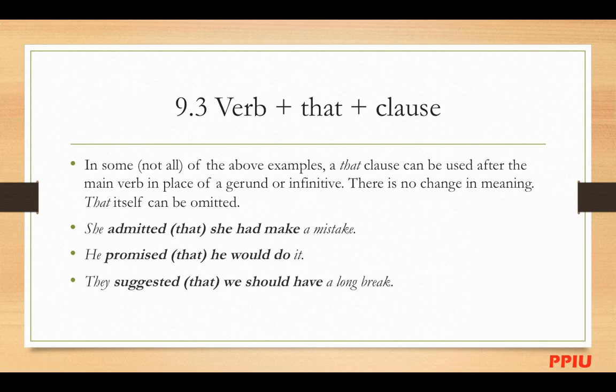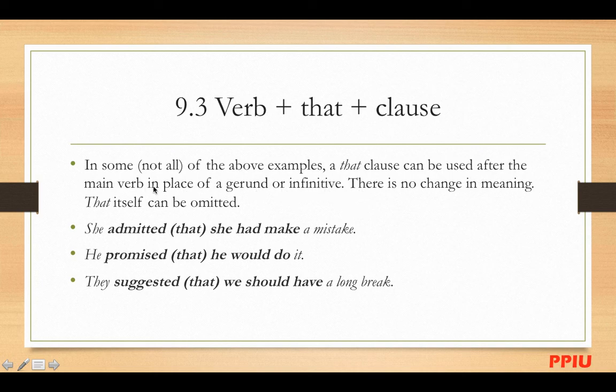The next slide is about verb plus that plus clause. In this type of structure, the main point is that in some, not all, of the above examples, the that-clause can be used after the main verb in place of a gerund or infinitive.